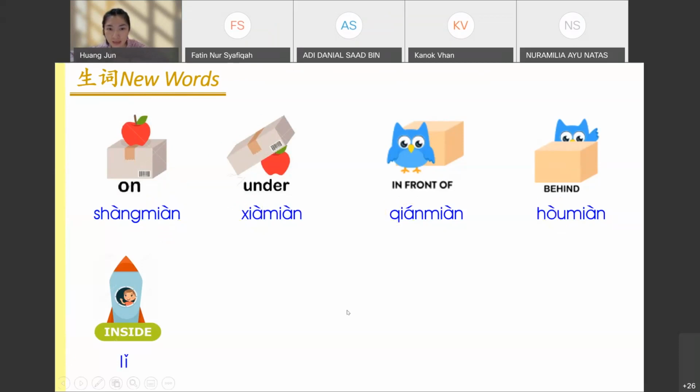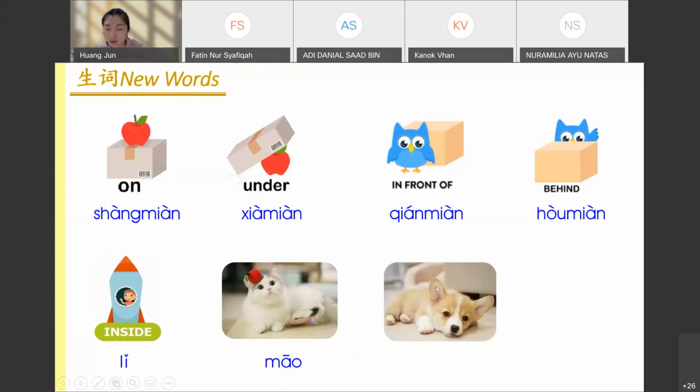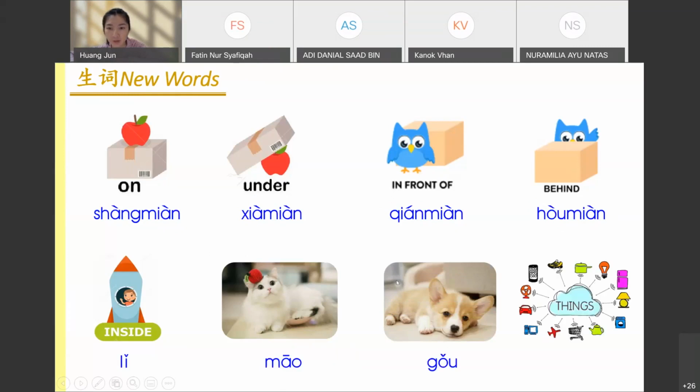Continue, we have these animals over here. About this cat, we're talking about 猫. About dogs, we use 狗. We can say 小猫, 小 means small, so 小猫 means kitten. Then 小狗, puppy. Then we have the word things.